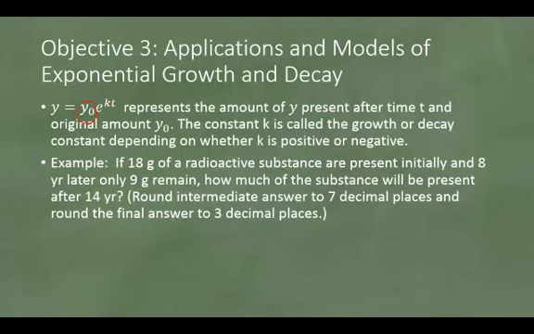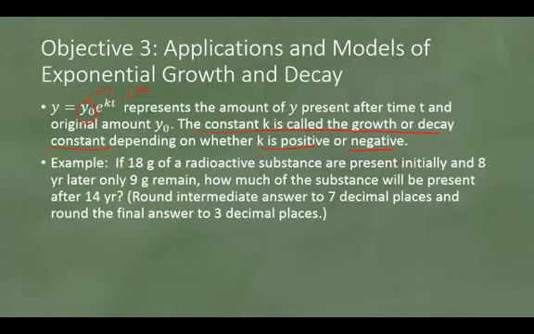So y sub 0 is your original, t is your time, and the constant k is called the growth or the decay constant, depending on whether k is positive or negative. So if you have a model that's growing, then k is going to be positive. If you have a model that's decaying or shrinking, then k will be negative.